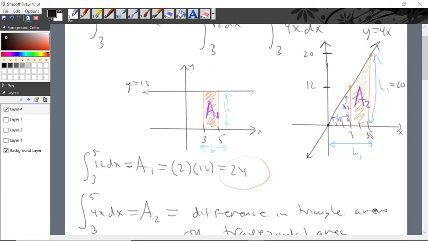The two bases of a trapezoid are the two sides that are parallel to each other. So in this case, this would be a first base and this would be the second base. We take half of the sum of those two bases times the height, and the height is always going to be perpendicular to the bases.